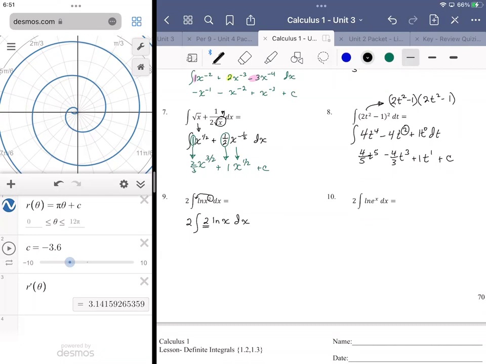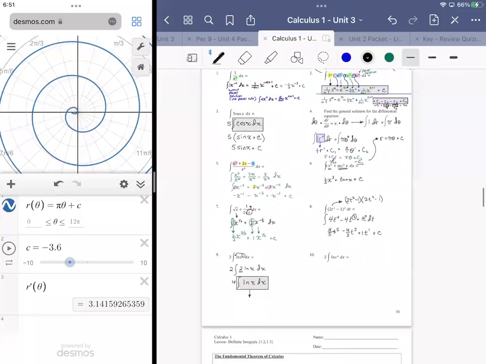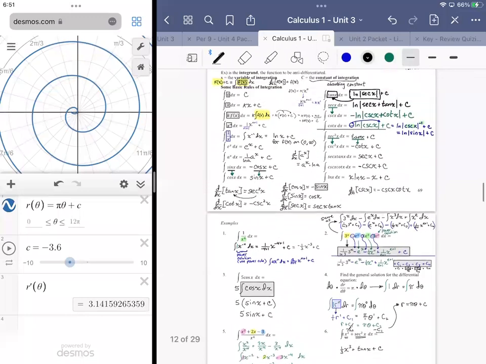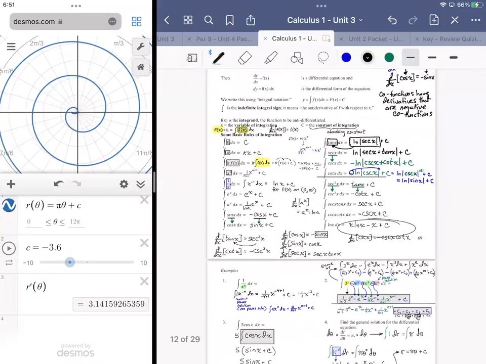I could also factor out this 2. Doesn't need to be there. It's a constant multiple. So this is the same as saying 4 times the antiderivative of ln x dx. This piece here is a rule. We talked about this last time. It's somewhere here: x ln x minus x plus c.